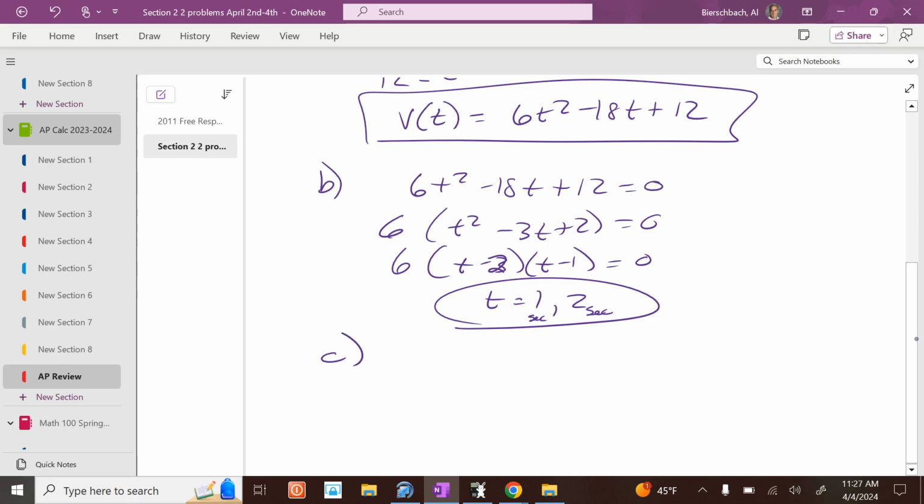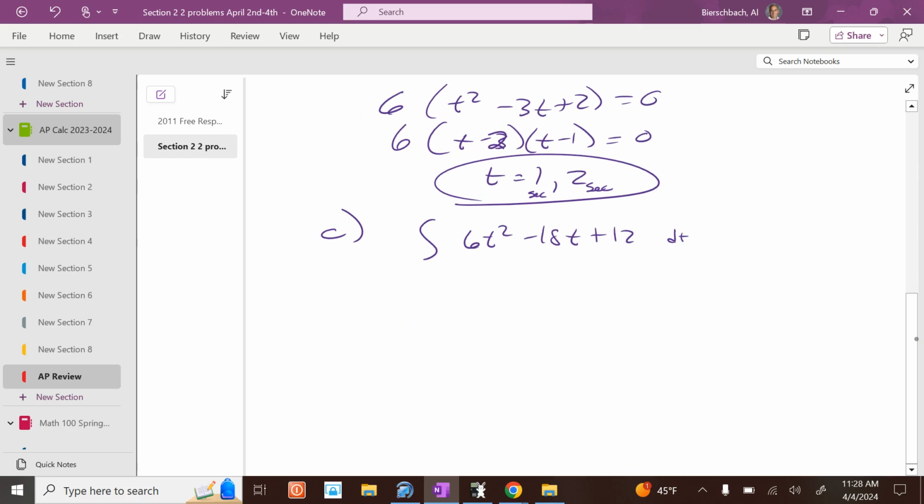Okay, part C. Write an expression for the position. Well, the position is the integral of velocity. So if you integrate 6t squared minus 18t plus 12 dt, then you get 2t cubed minus 9t squared plus 12t plus c. And then you know the position at x of 1 equals 9.